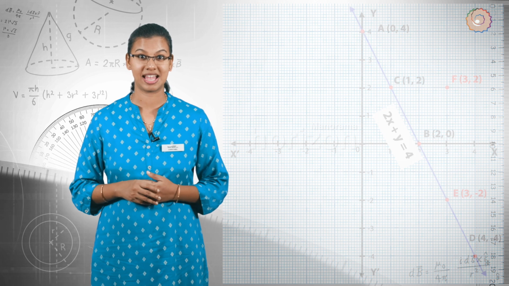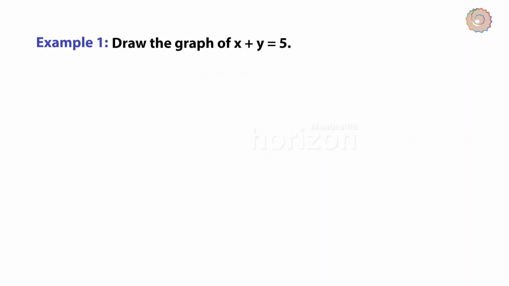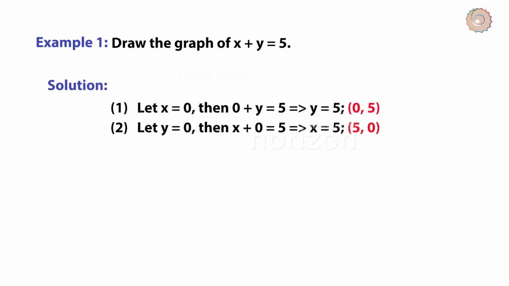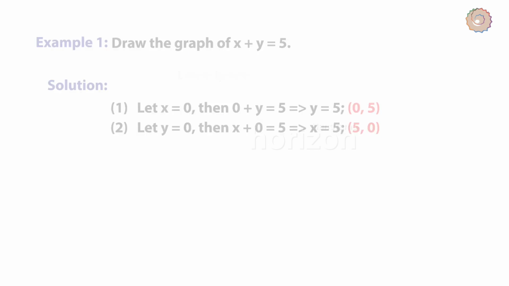Let's see another example. Draw the graph of x + y = 5. We find two pairs of solutions, that is (0, 5) and (5, 0). Now on a graph sheet, let's plot these as coordinate points on the Cartesian plane.